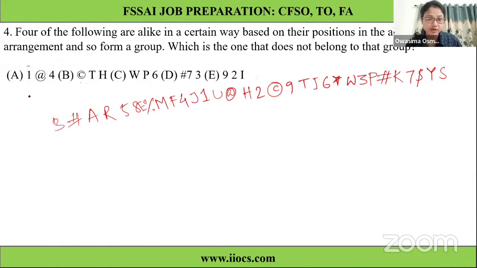So this is our series. If we find 1@4, this is the group. Next group is ETH. So this is the group. Next WP6.